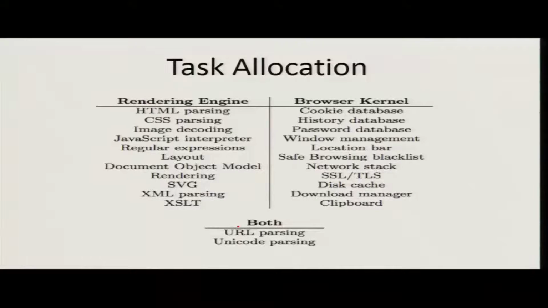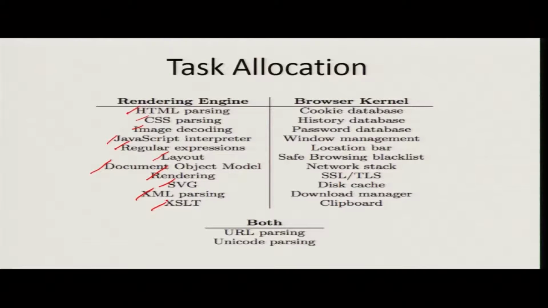The task allocation is that the rendering engine does, for example, HTML parsing, style sheet parsing, image decoding, JavaScript interpretation, regular expression design, layout of what you are going to see, the document object model, the parsing of the document like HTML or other documents, and then putting them in a document object model data structure, rendering, SVG or vector graphics, XML parsing, XSLT, and so on.